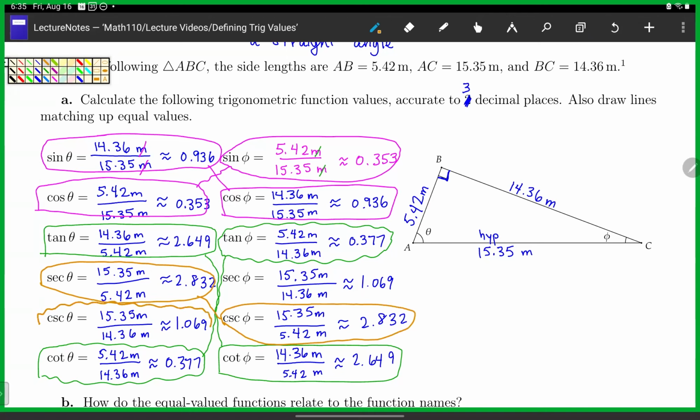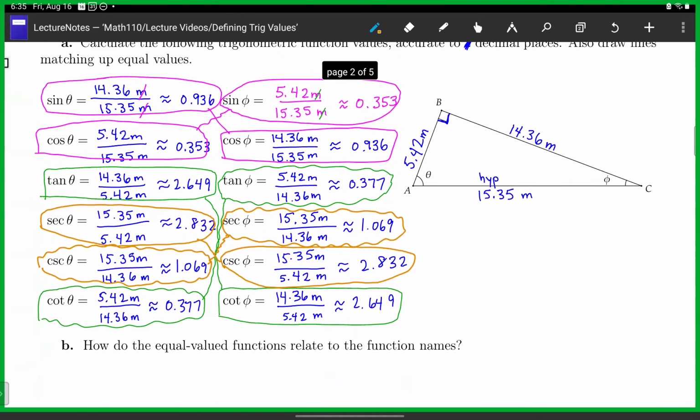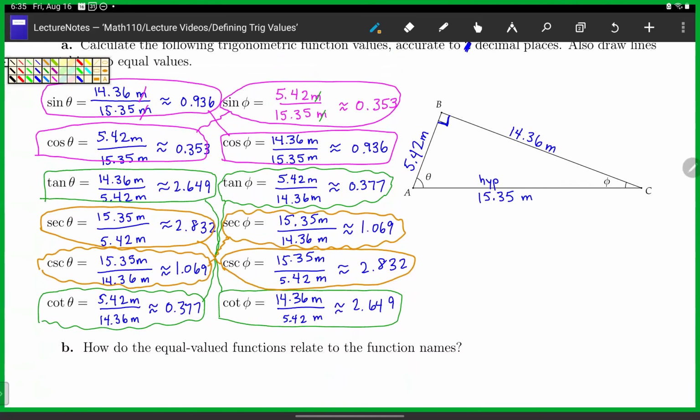And the cosecant of theta is equal to the secant of phi. Take a minute to think about what values are equal here. You might notice a relationship between the equal values and the function names. Take a moment to think about that before I give you the answer.